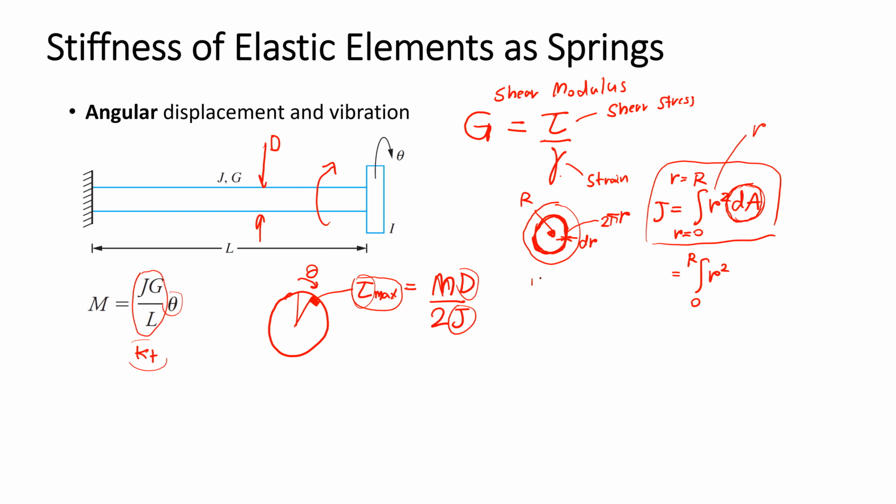The ring has a total length of 2 pi r, and the ring has the width of dr. So the area dA is 2 pi r dr.